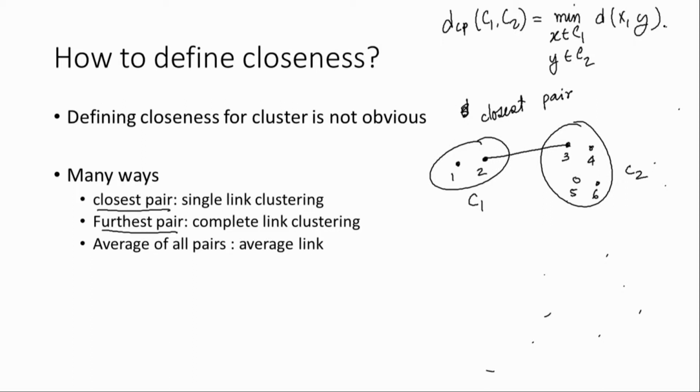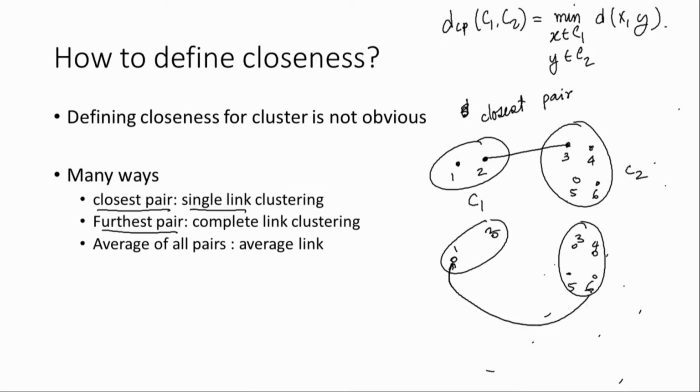And we could be running the entire clustering with this, right? And this would be called single link clustering. We could also be defining a farthest pair. Look at the pair, point 1 and 6. This is the farthest pair, but one element of the pair comes from cluster C1, another element comes from cluster C2. What is the intuition here?